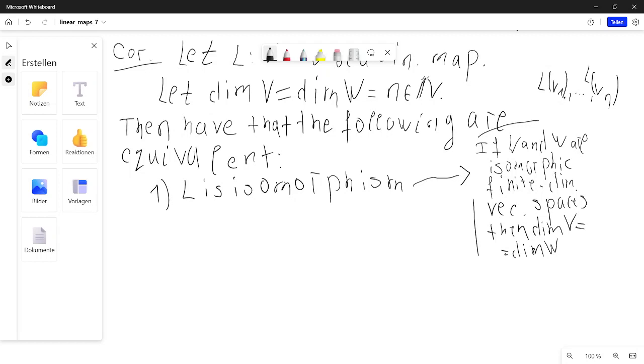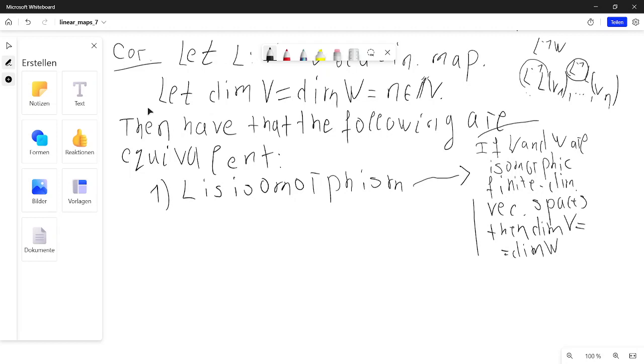If you could add another vector w, then the pre-images would be linearly independent, and we would have more linearly independent vectors in V, where L minus 1 of L is the identity map because of bijectivity. Then v1 to vn, L minus 1 of w would be a basis of V with a different number of elements.